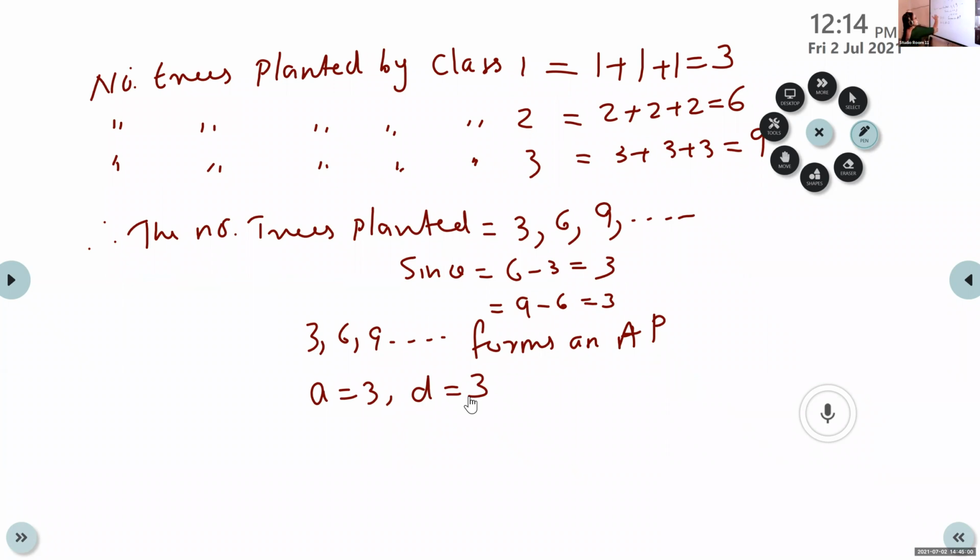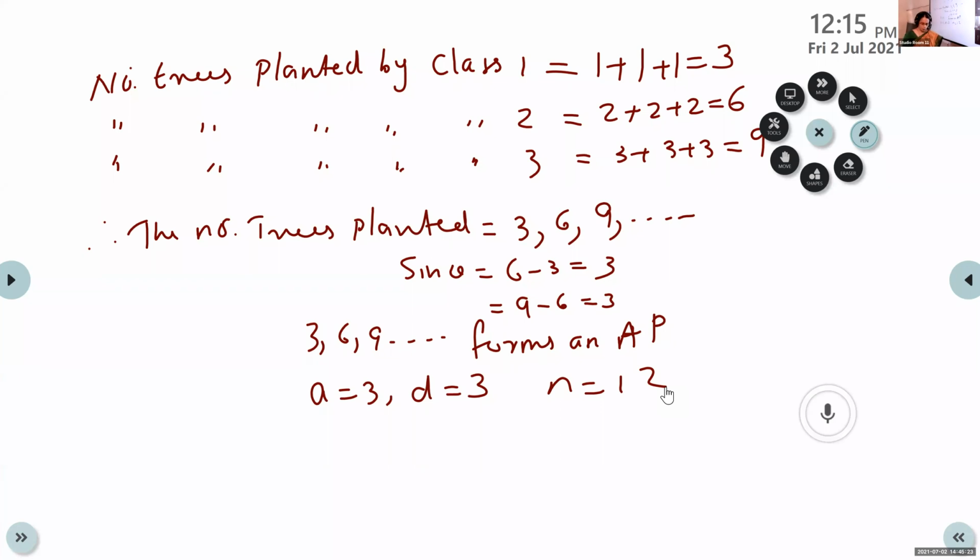This many trees are planted by each class. Now, what do we need to find? And what will be n? 12. Yes, here it is 12 because 12 classes are there. First class 1, class 2, class 3, etc., class 12. So there are 12 classes.